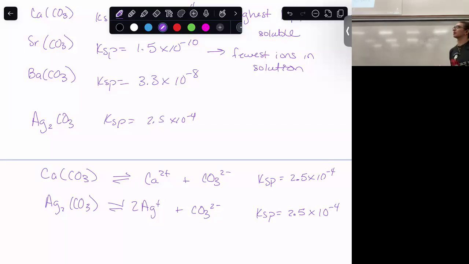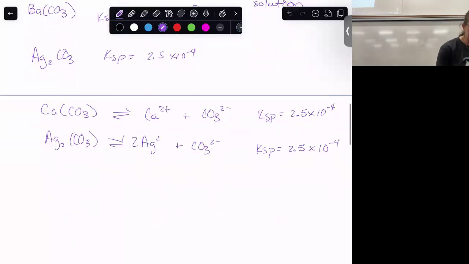If we write an ice table, the concentration of the carbonate is not going to be different between the two. Overall ions in solution, we would have more silver ions than calcium ions because we have 2 moles for every 1 mole of the anion produced.